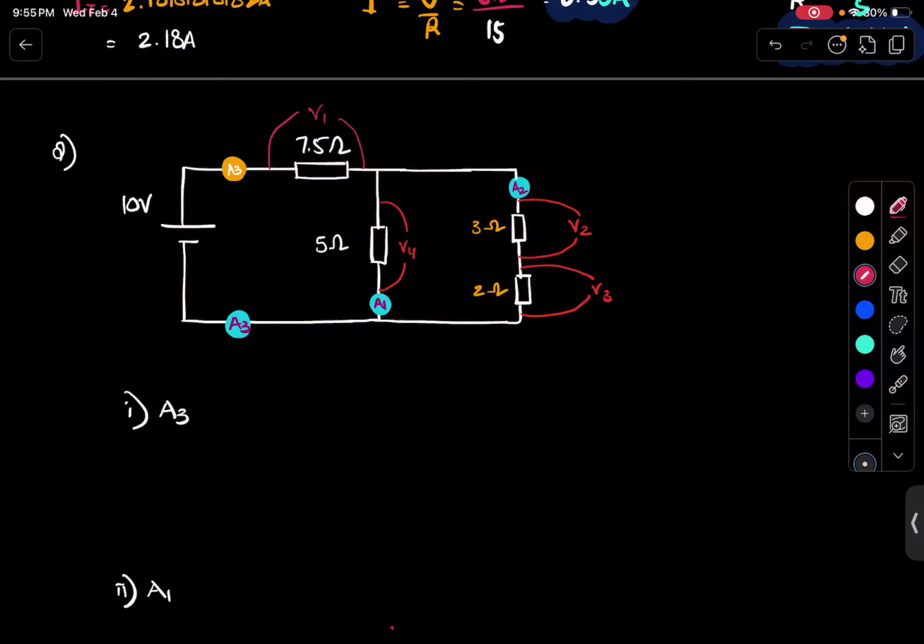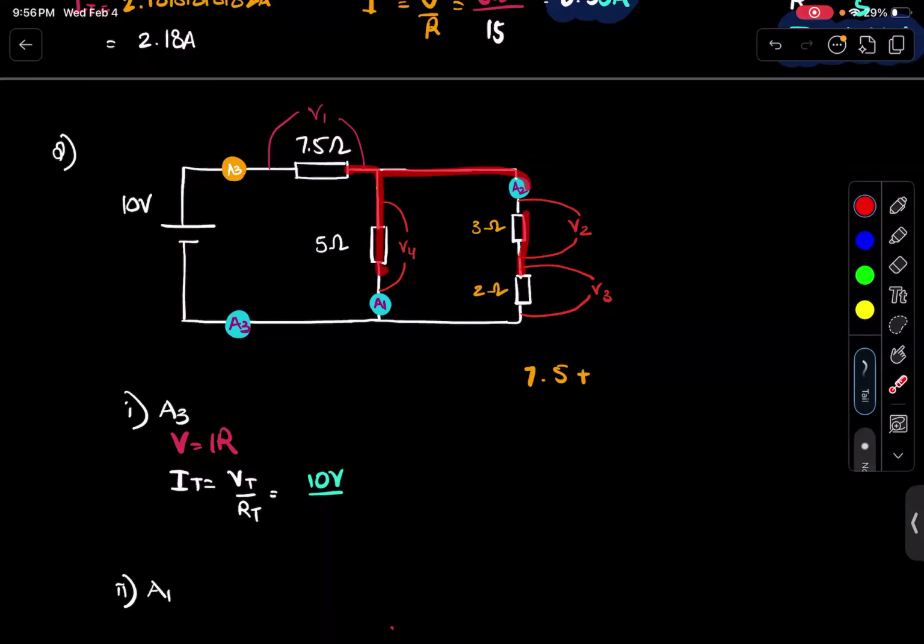A3, V equals IR. Make sure you use total when you calculate total current, because this is total current. It's leaving the battery. And IT equals VT over RT, right? What is total voltage? Total voltage is 10 volt. What is total resistance? It is 7.5 plus. Now, what is the effective resistance of these parallel combinations?